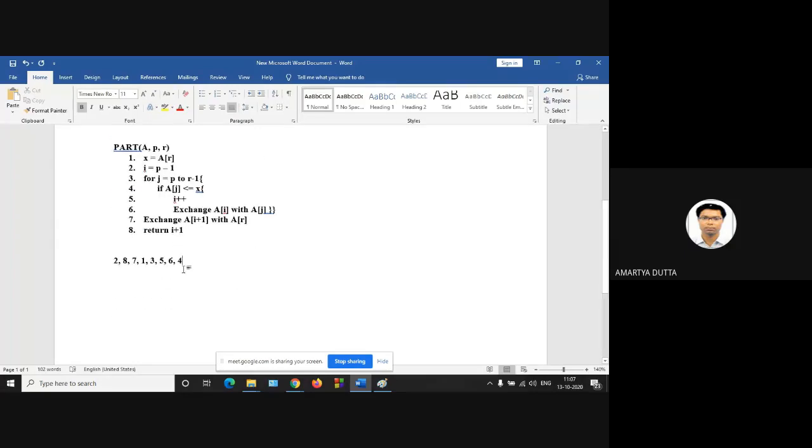So according to Lomuto partitioning, your 4, that is the last element of the array, is your pivot point, partitioning point. You have to place this pivot at its proper position. So after the first pass, this 4 is placed in its proper position.